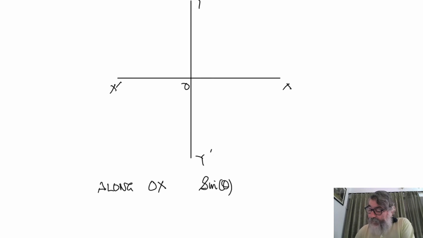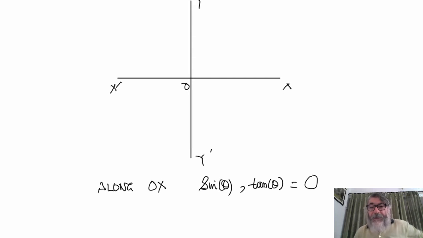So sine theta and tan theta are always going to be 0 if it is going to fall along OX.